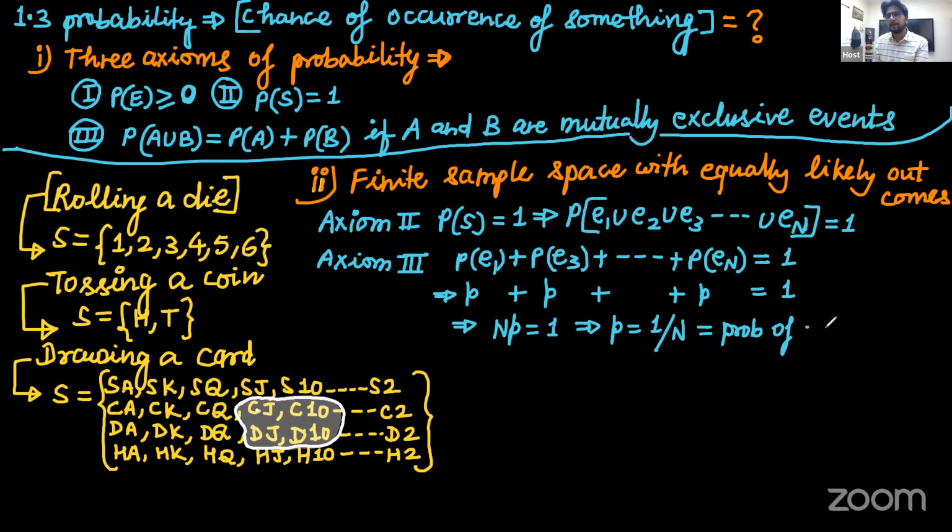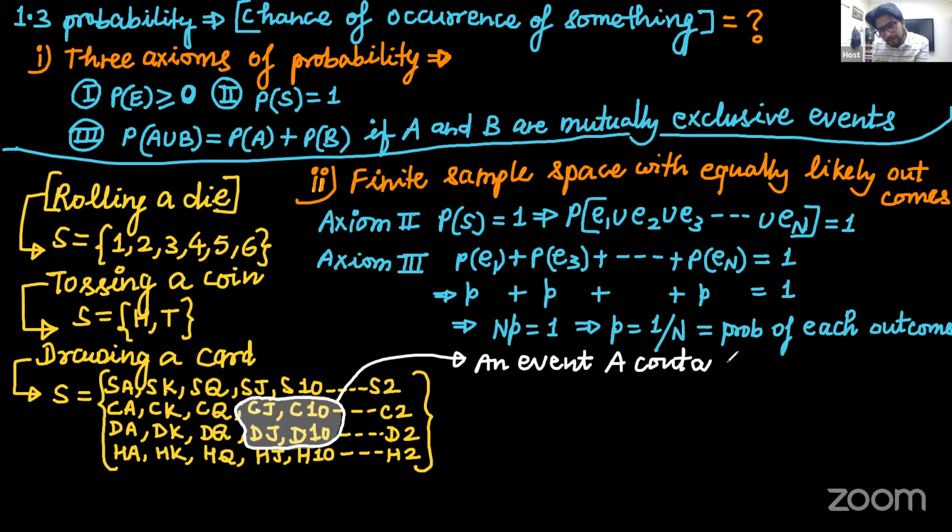This is the probability of each outcome. Now suppose an event A contains small n outcomes.